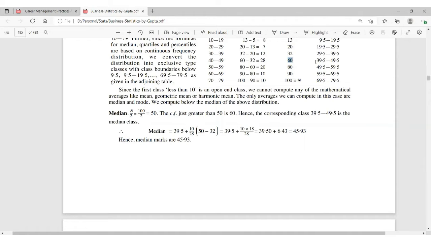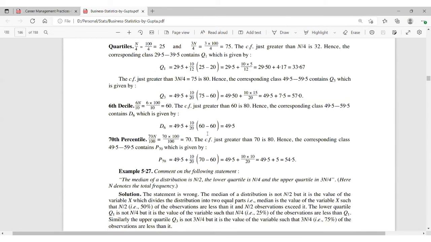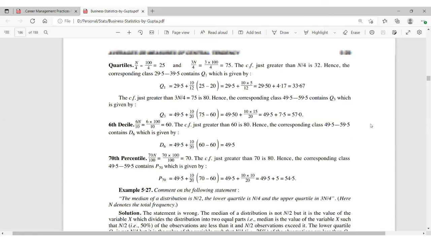Right? 39.5 L, h is 10, f is 28. We put these values here. Right?